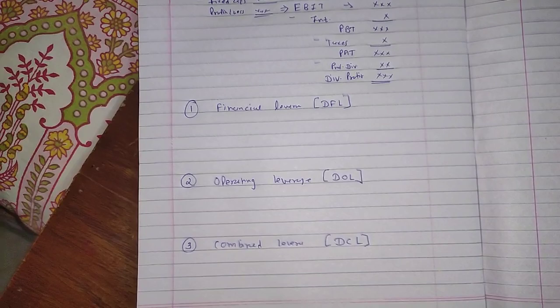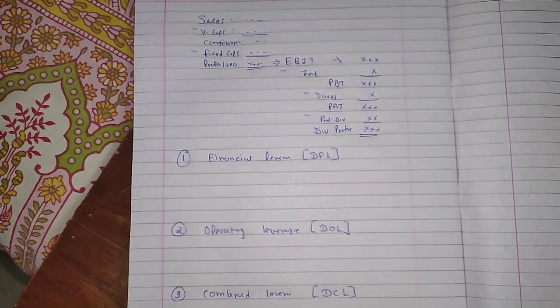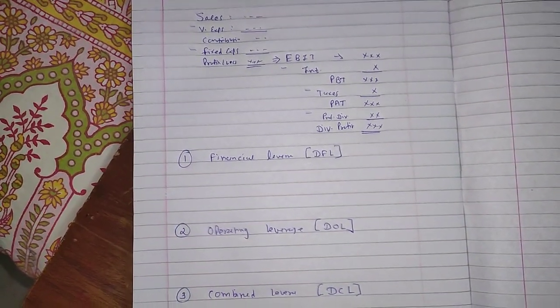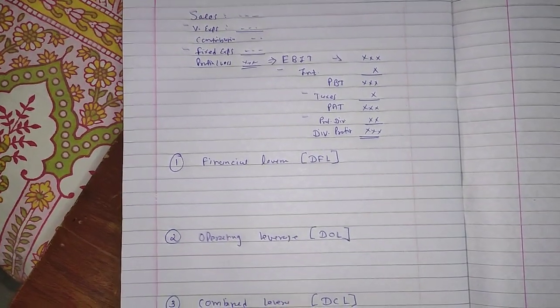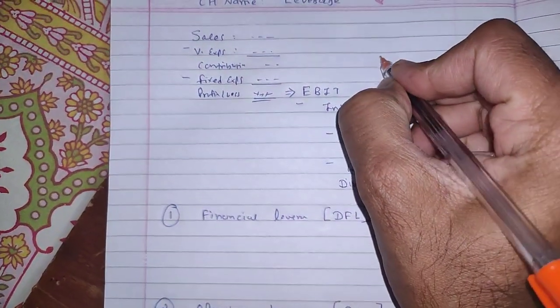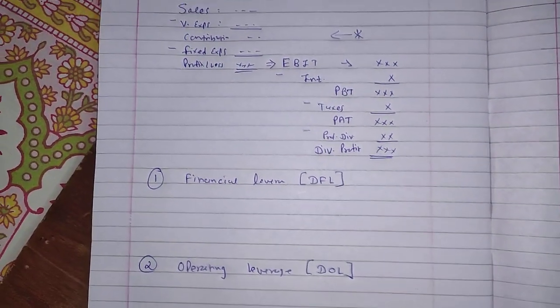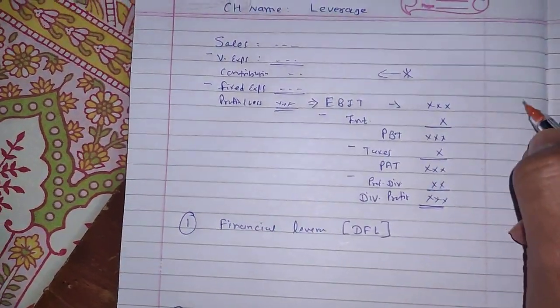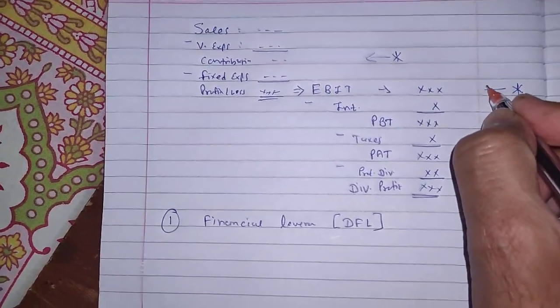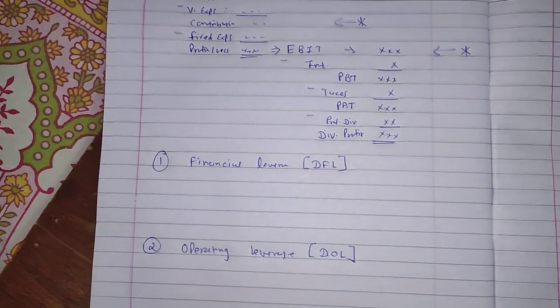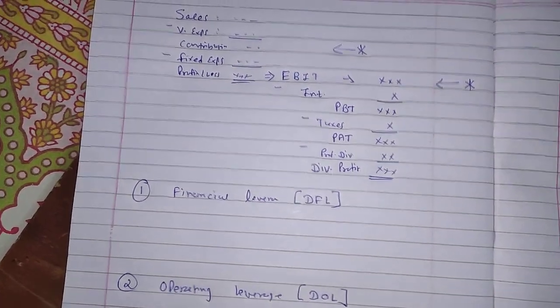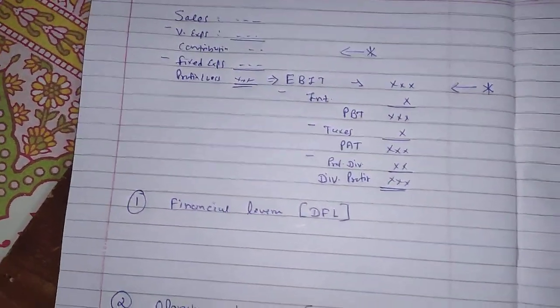Now, to calculate leverage, there are three important calculations here. First of all, we have to use contribution. I'm putting a star over here, contribution. Second thing which we need is EBIT. Again, I am putting a star over here, EBIT. And third thing which we need is PBT.